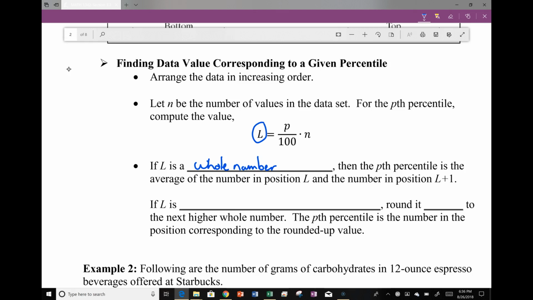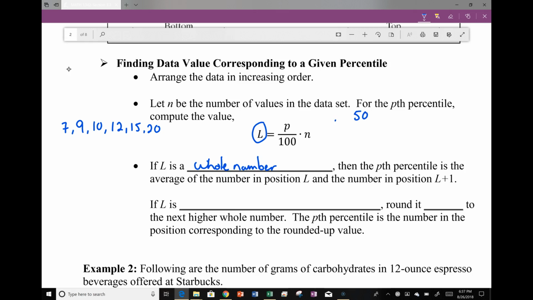Let's just look at an example for a moment. If I have 7, 9, 10, 12, 15, and 20, I have 6 values here, and I want the 50th percentile.